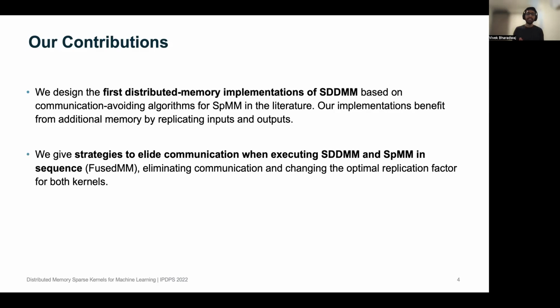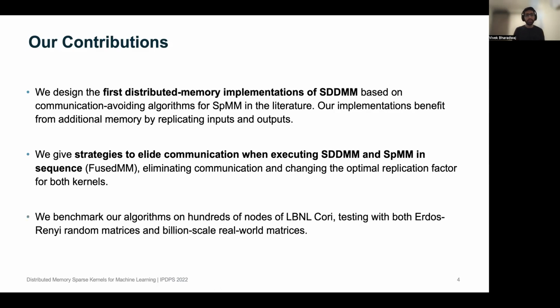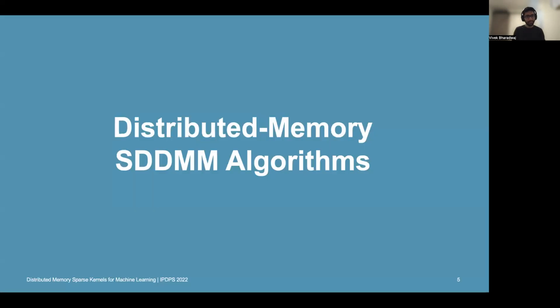Furthermore, when you execute an SDDMM followed by an SpMM, we're going to give some strategies to cut down the communication costs. We both eliminate unnecessary rounds of communication, and we're going to change the optimal replication factor. And finally, we're going to benchmark our algorithms both within real-world applications and on Erdos-Renyi random matrices and billion-scale real-world matrices. Okay, so let's talk about designing distributed memory SDDMM algorithms.